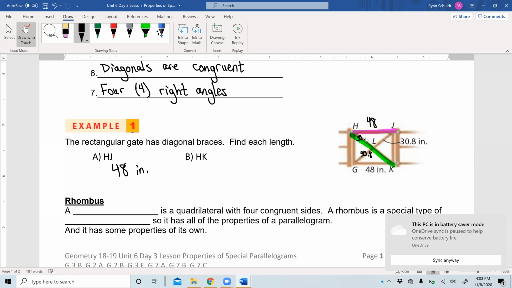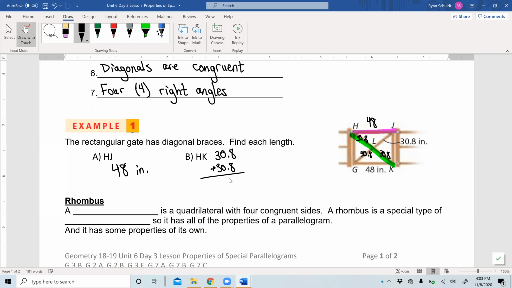This one up here is 30.8. These are all going to be 30.8. So just add up 30.8 plus 30.8. That'll get you, let's see, 61.6 inches.